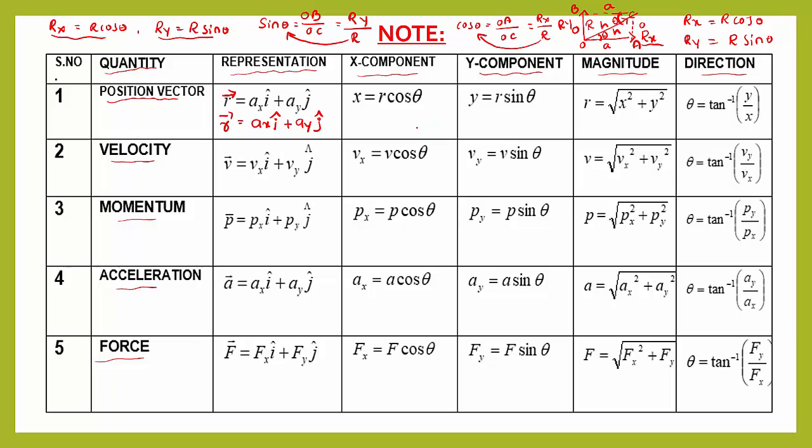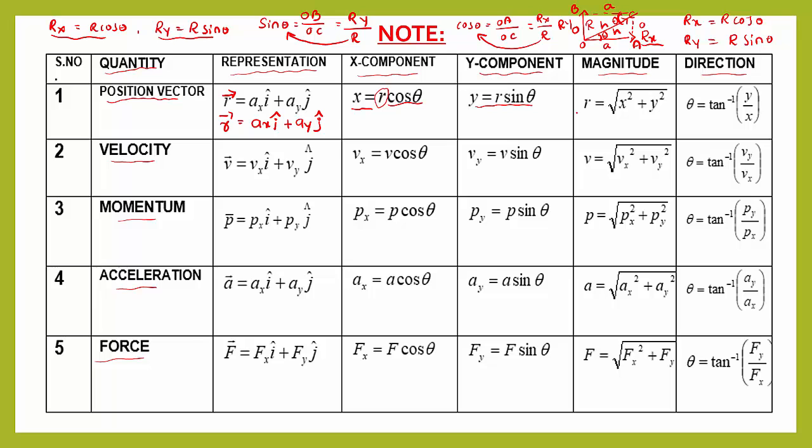Then how to write its x component? The x component will be x equal to r cos theta, because here the position vector is denoted by r. Then the y component is given by y equal to r sin theta. R cos theta and r sin theta are the x and y components of the position vector.